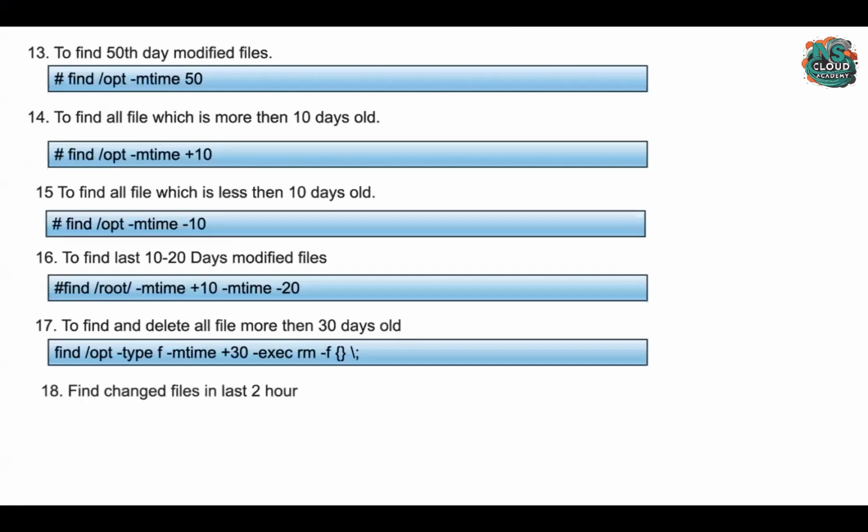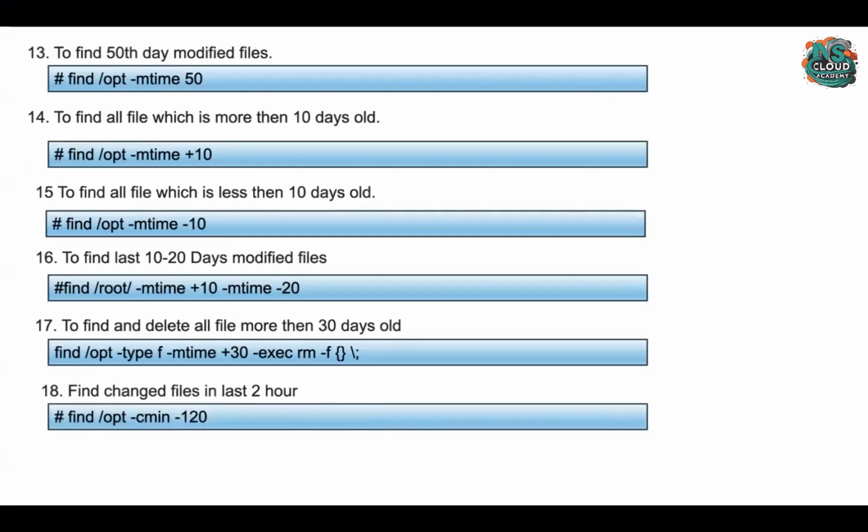Okay. To find changed files in the last 2 hours. Let's suppose something messy happens on your system, maybe some virus attack or something. In that case, you can use this command to see which files got modified in the last 2 hours in my system.